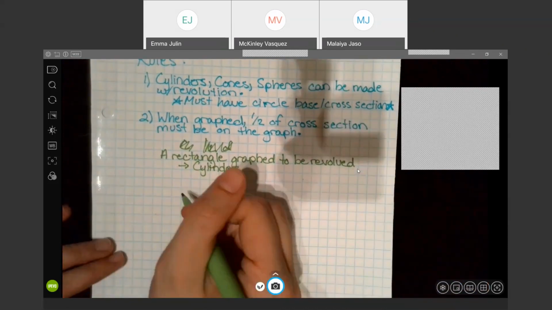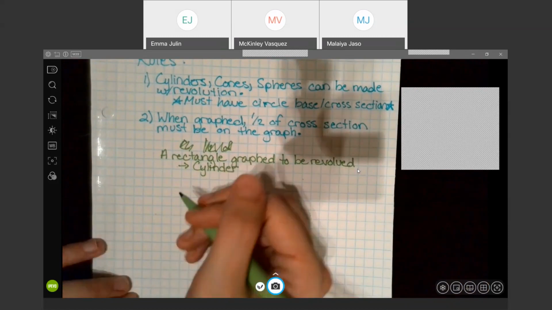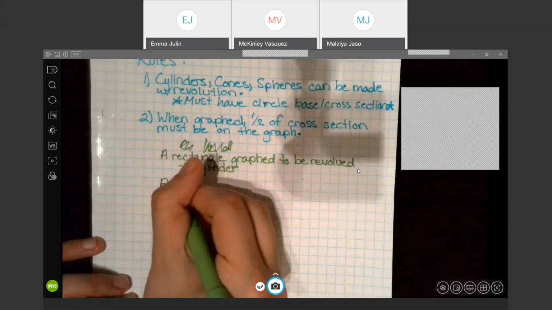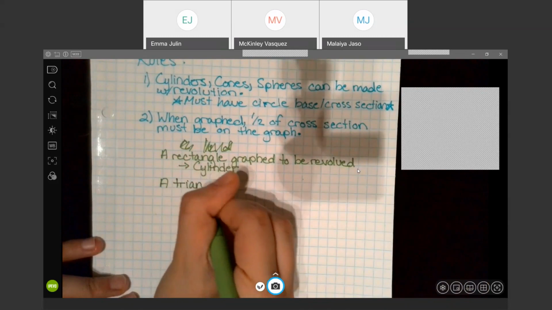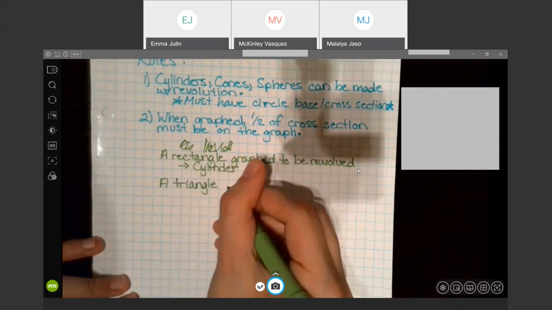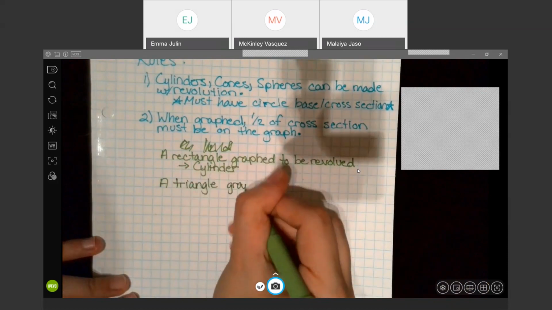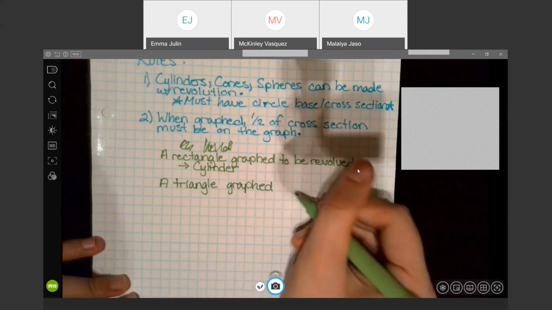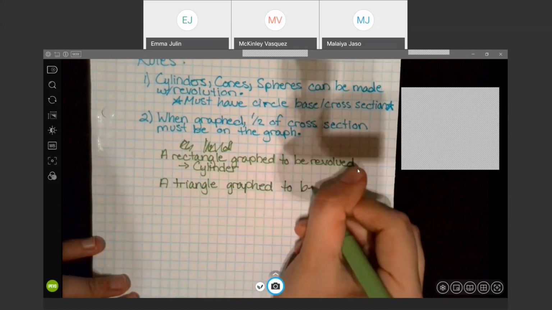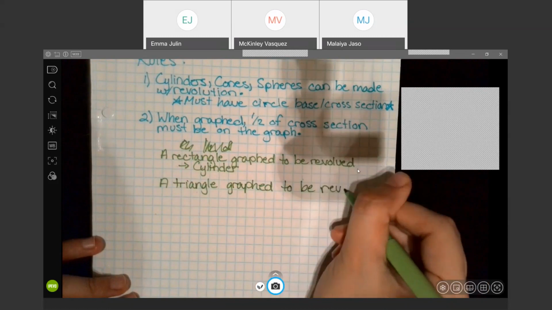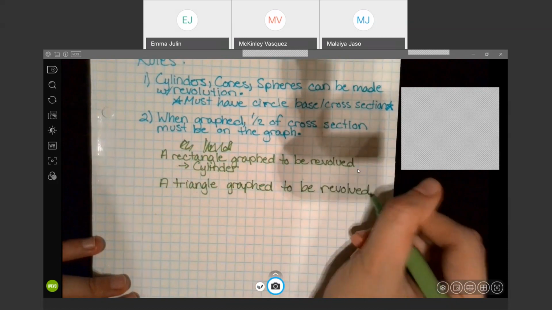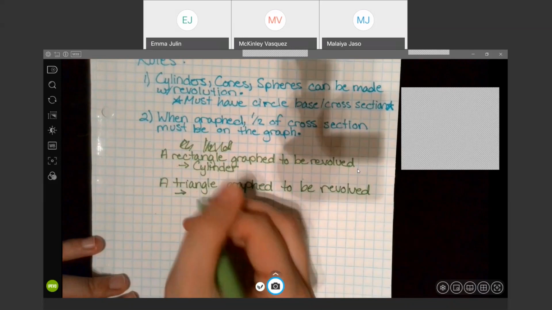If you see a triangle graphed to be revolved, you're going to get a cone out of it.